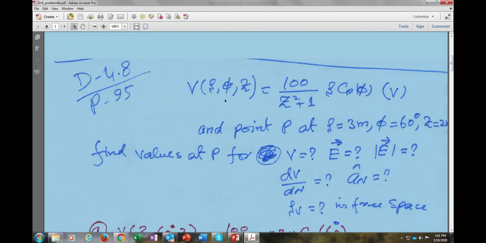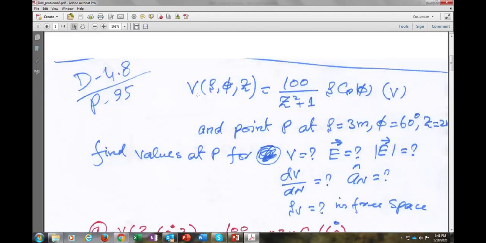So actually the potential in drill problem 4.8 is given in cylindrical coordinate system. We have also been given the value of radial axis, phi axis, and z. Z is 2 meter.